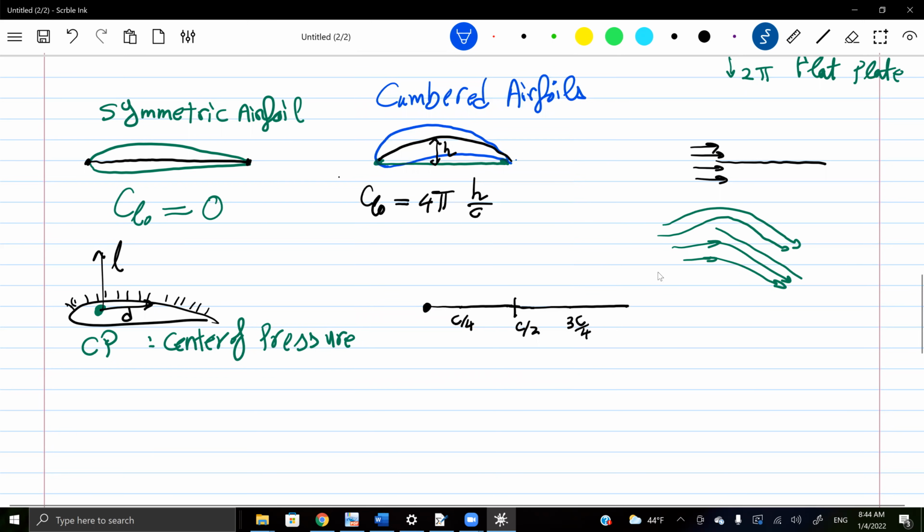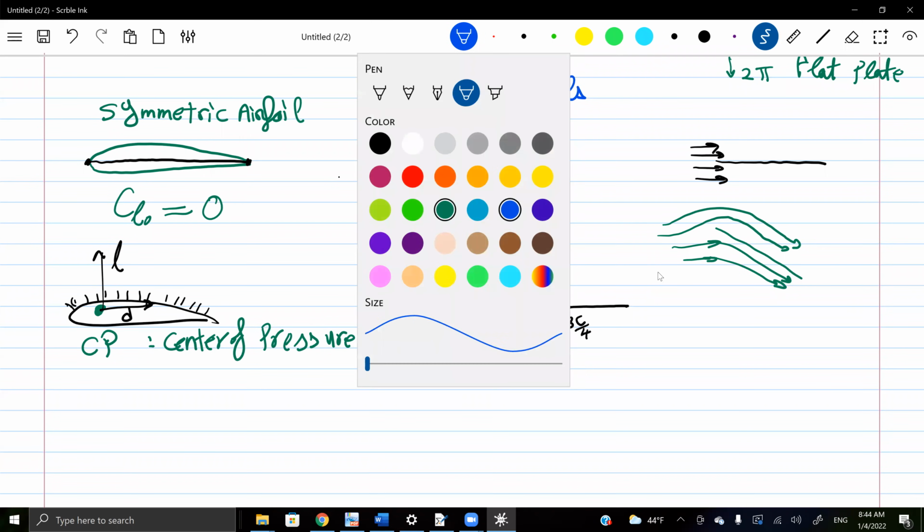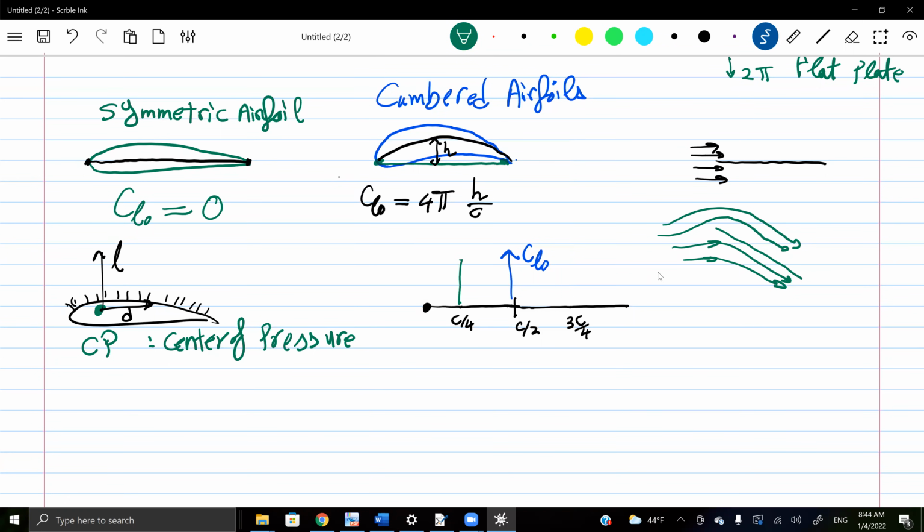Because this was blue, here is the CL note. This was maybe a greenish thing, CL alpha alpha. So when I sum all these pressures, I get two main components. One that is independent of the angle of attack, and one that varies linearly with the angle of attack.